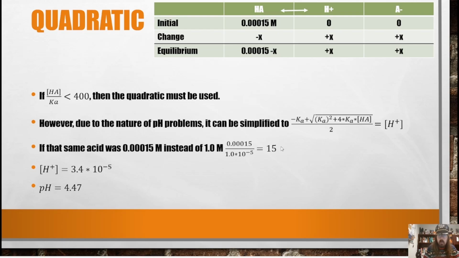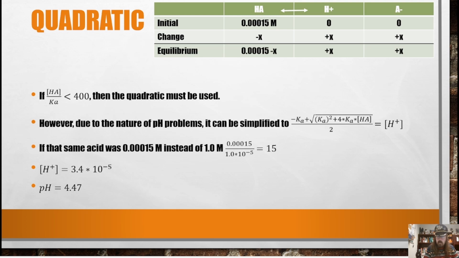You can see that I've run the quadratic and gotten our value, 3.4 times 10 to the negative fifth. When I take the negative logarithm of that, I get a pH of 4.47. Relatively straightforward right there.